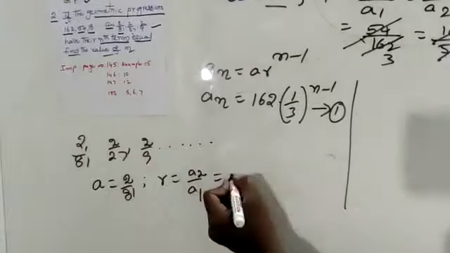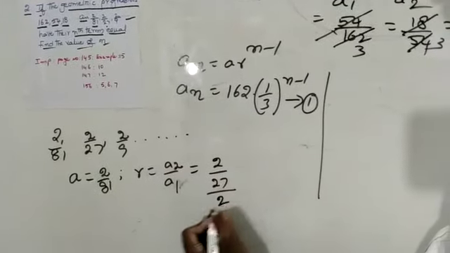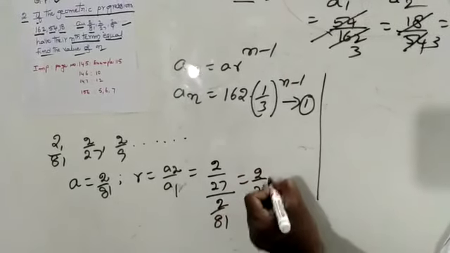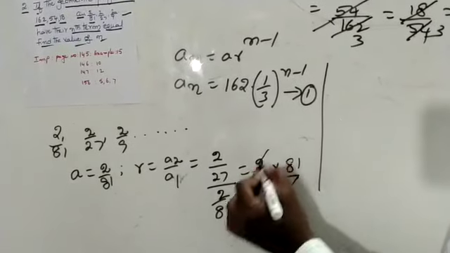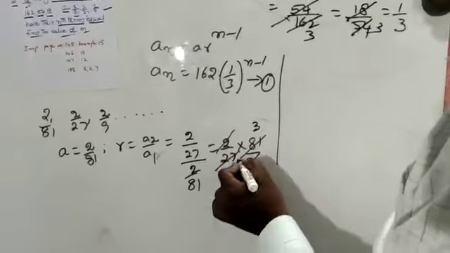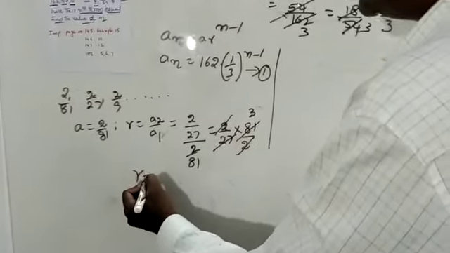A2 means how much? 2 by 27, by A1 means 2 by 81. So that is equal to 2 by 27 into 81 by 2. 2 cancels. This is cancelling 3 times, I think. 3 times.